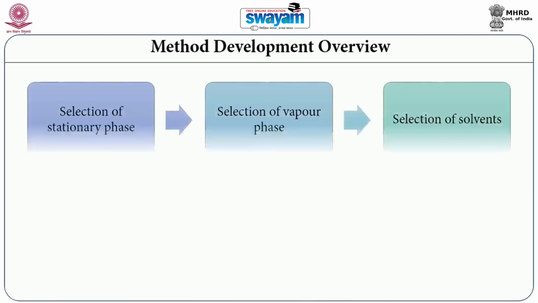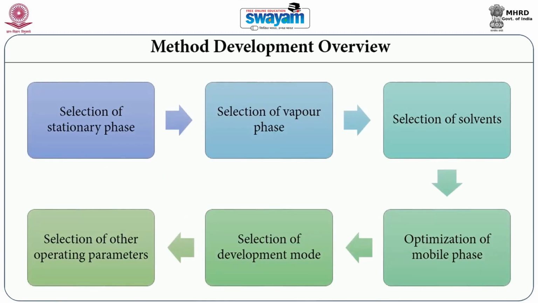Now this is the method development overview which we just discussed in the previous slide, but with some more specifics. Selection of the stationary phase is critical, selection of the vapor phase and the solvents is critical, and then once the range of solvents required for the expected analytes to be separated has been decided, the composition of the mobile phase has to be optimized.